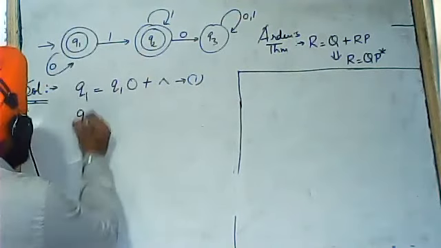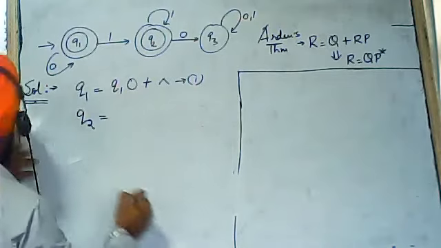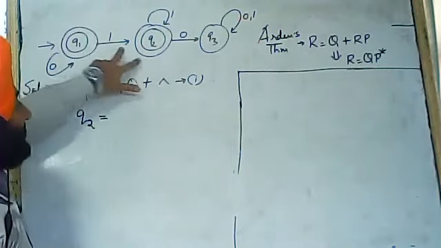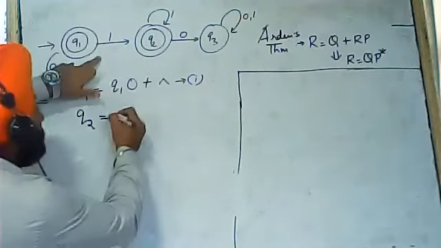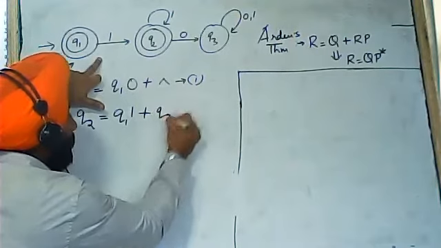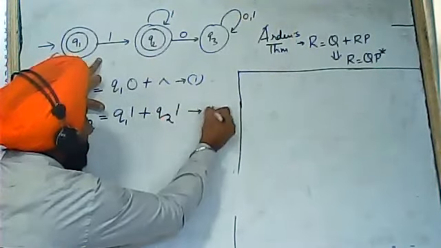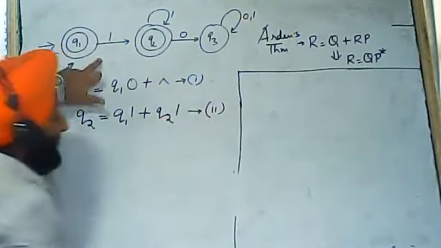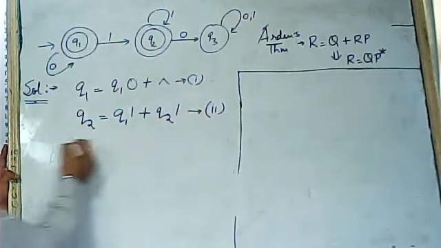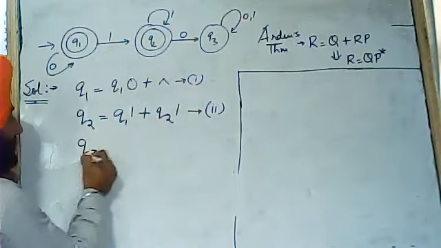Next, the equation for Q2. So two incomings are there for Q2. The first is from Q1A plus Q2 1. Mark this equation as number 2. Then we have Q3.